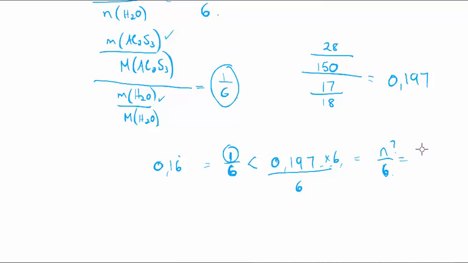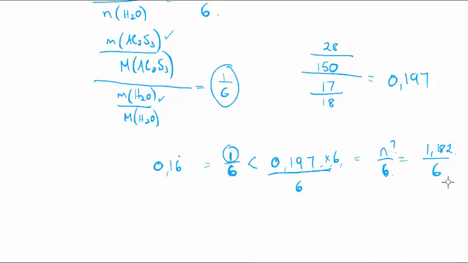You must multiply this, guys. You must multiply by 6 and then divide by 6. You still have your divide by 6. We want to know what's at the top. Of course, you get the same. It's 1.182.